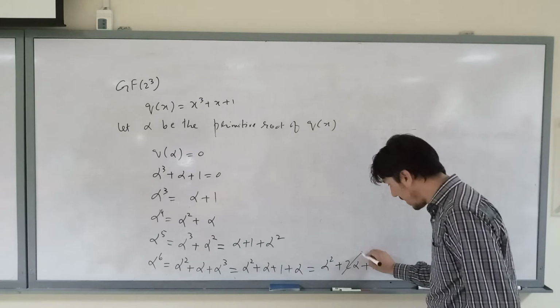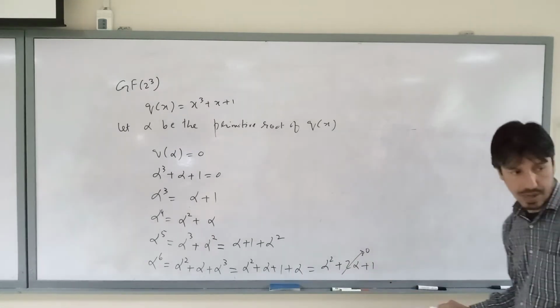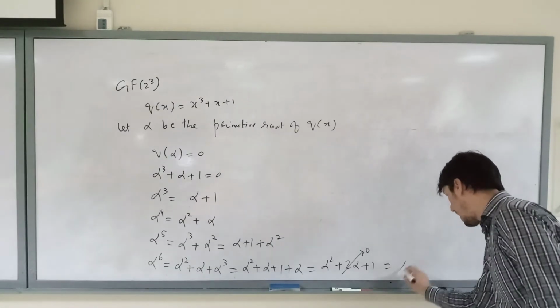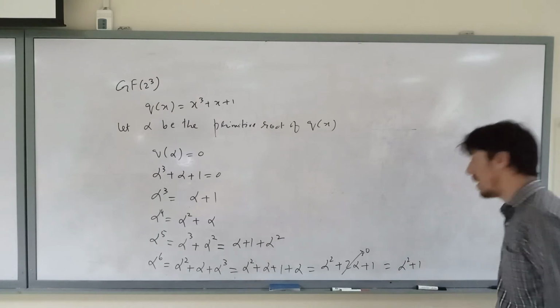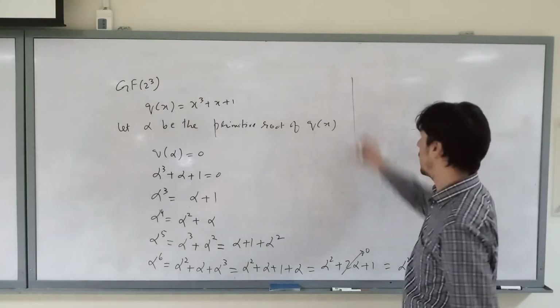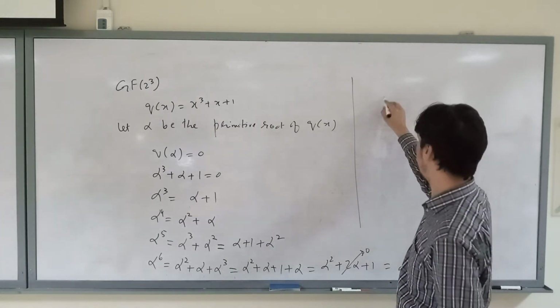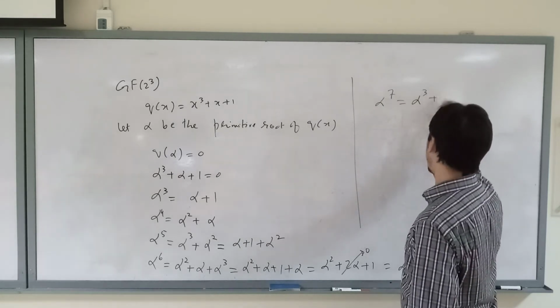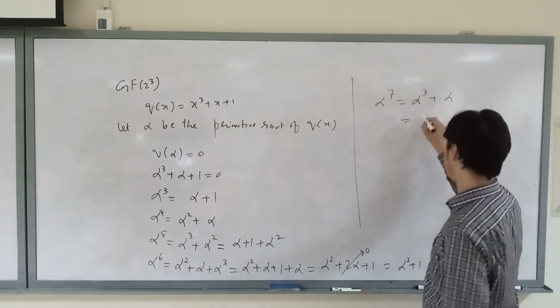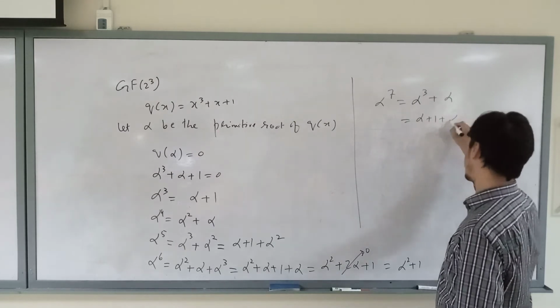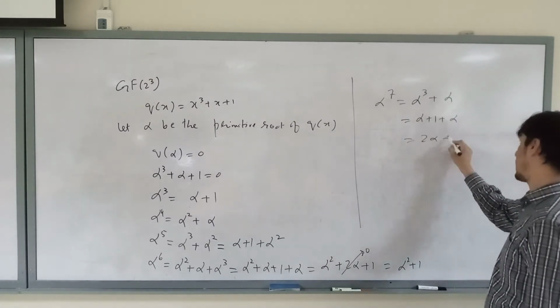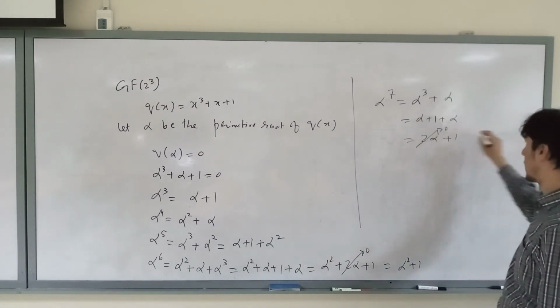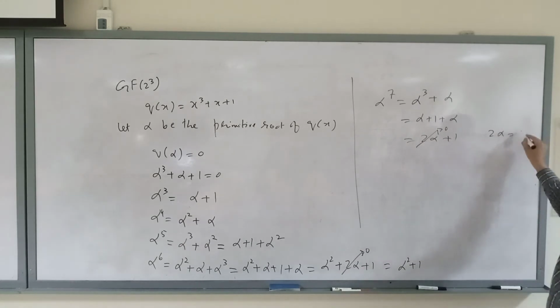So this will be 0. Ultimately what you will get? Alpha square plus 1. So alpha 7 is alpha cube plus alpha, and alpha 3 is alpha plus 1 plus alpha, so 2 alpha plus 1, and this is 0 again because 2 alpha, 2 times alpha is 0 under mod 2.